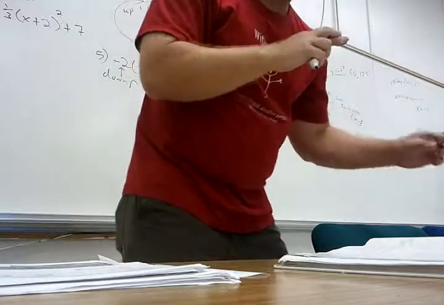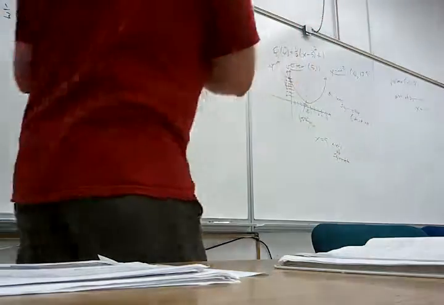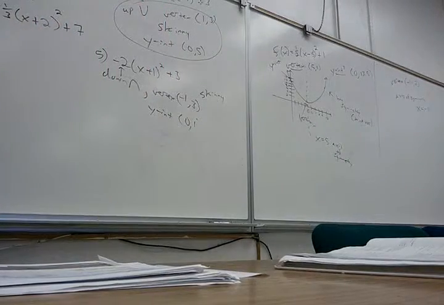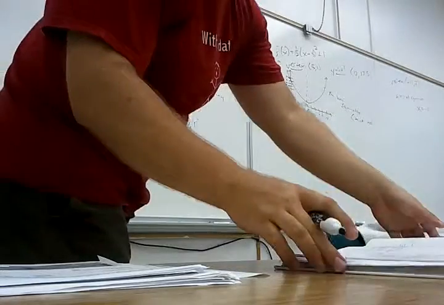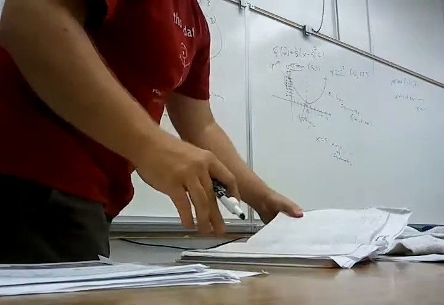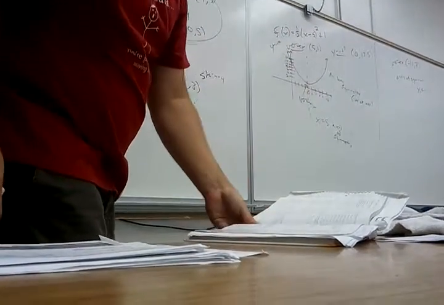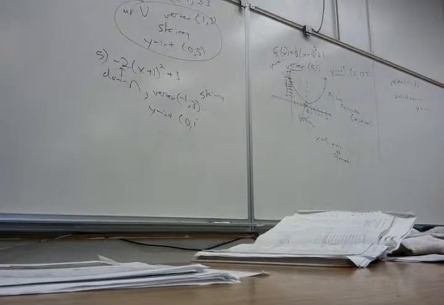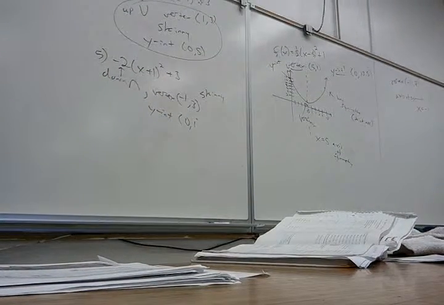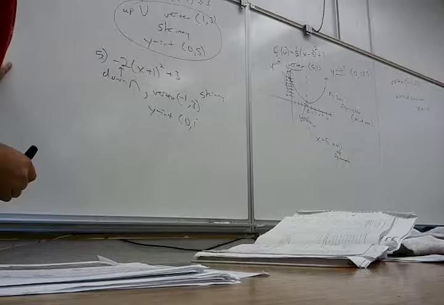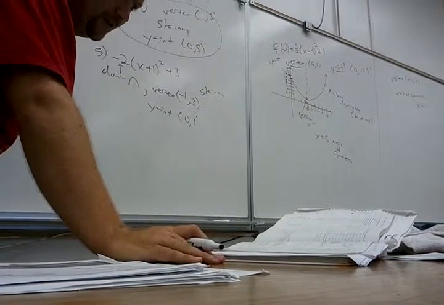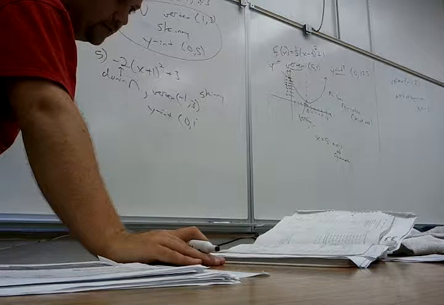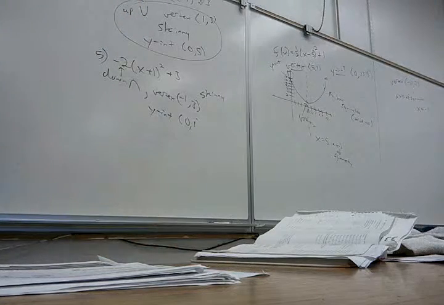Okay, so you guys try this one. You have to graph this parabola, labeling all the important points, and identifying the axis of symmetry, right? Let's see. Number 51.